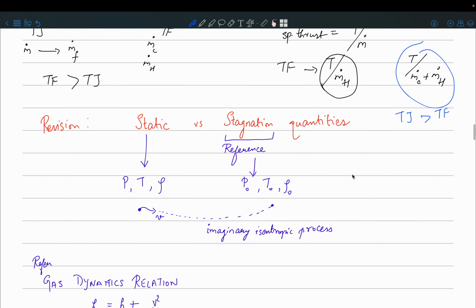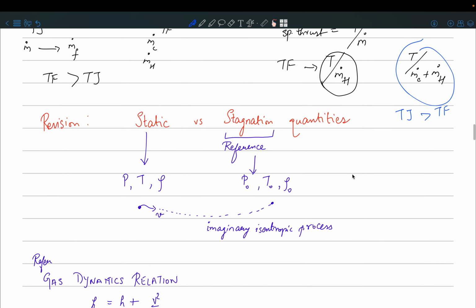In the last tutorial session, I discussed static and stagnation quantities. I hope you went back and looked at it. Here we talk about static conditions, which are the actual conditions that you would measure in a particular flow, like pressure, temperature, density. And if we bring this flow to a stop through an imaginary isentropic process, then the state that we get is the stagnation quantity.